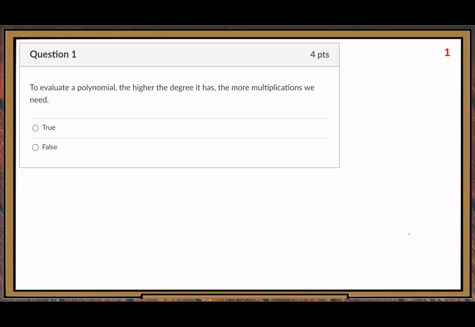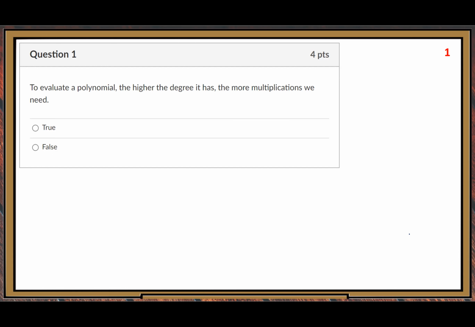The higher the degree it has, the more multiplication we need. So here, this statement, we want to see if it is 100% true. Because we may have the situation, most of the time it is true, but there is some small possibility it could be false.